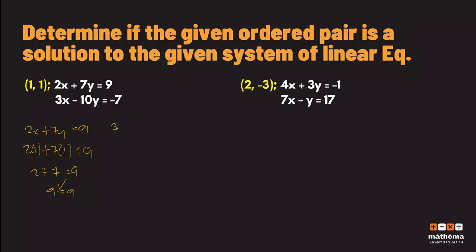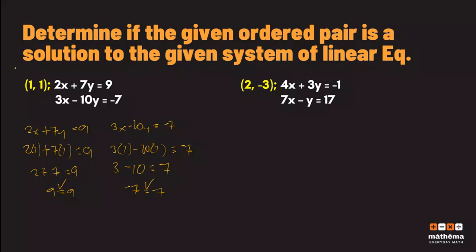So we have 3x minus 10y equals negative 7. So we have 3 times 1 minus 10 times 1 equals negative 7. So 3 times 1 is 3, minus 10 equals negative 7, and 3 minus 10, that is negative 7.